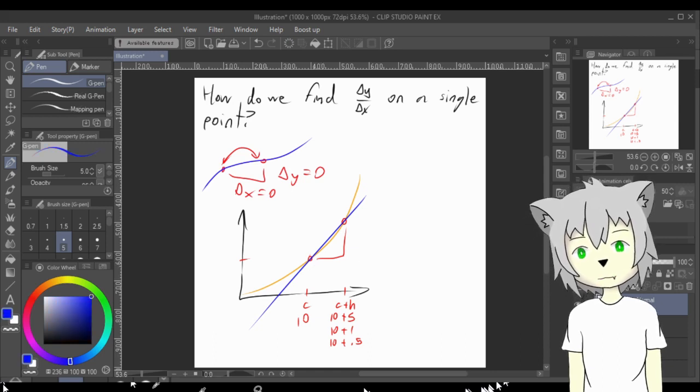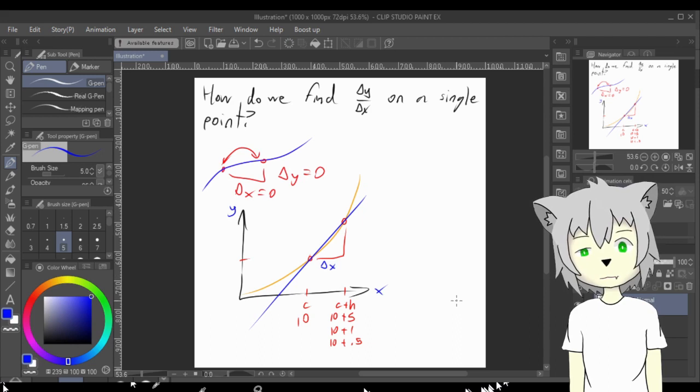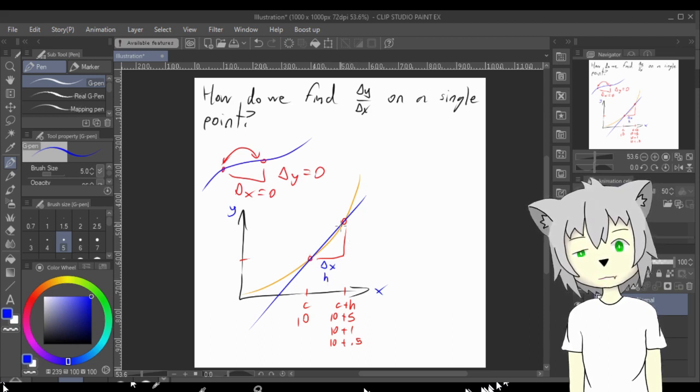But basically, the change in x here, assuming this is like the x and y axis, is basically h.